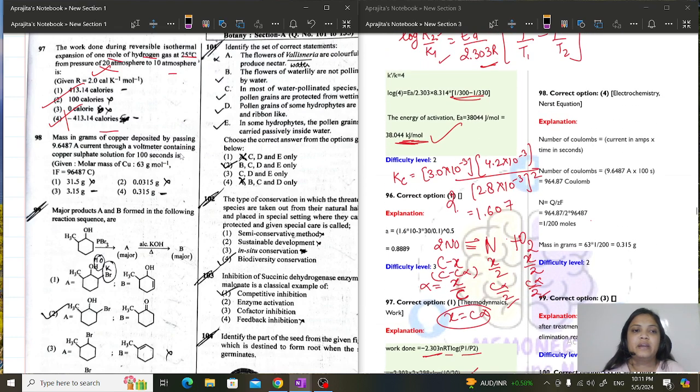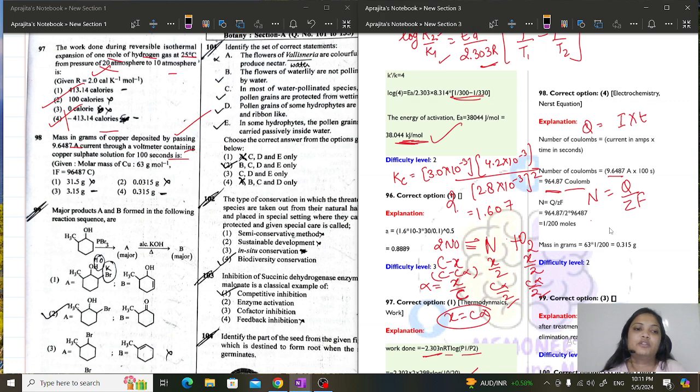Next is the 98th question. We have to find out the mass in grams of copper deposited by passing this much current through a voltameter containing copper sulfate for 10 seconds. Firstly, we will find out the charge, which is current into time. So the charge comes out to be 964.87 coulomb. Now the number of moles will be Q upon ZF.